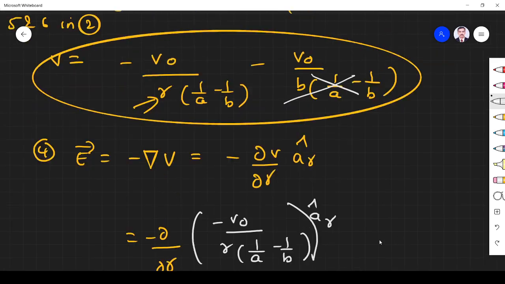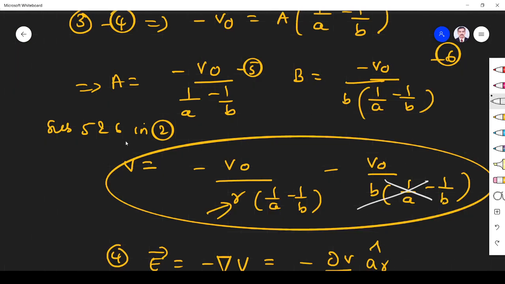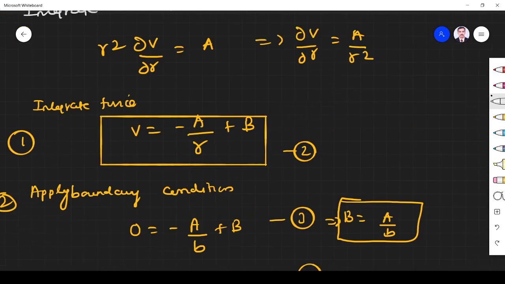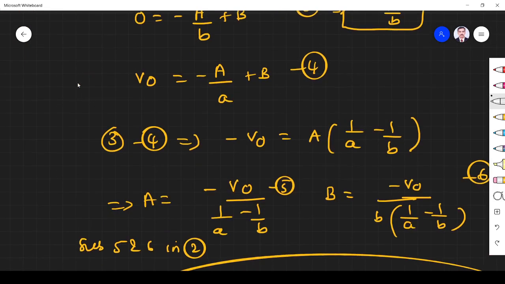So I think I made some mistake. V is equal to a naught minus V naught, right? What is my V equation? Let me go and check. Oh, sorry, here V is minus A by r.